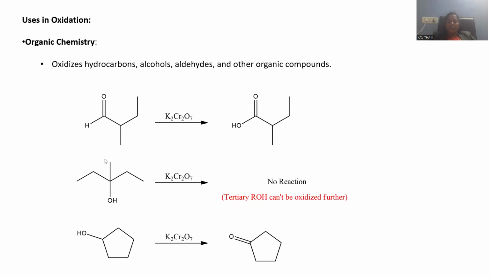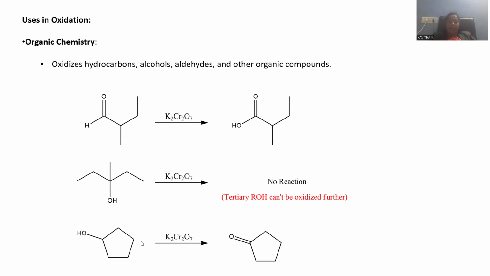But if a tertiary alcohol is taken, where the alcoholic carbon has three alkyl side chains, this kind of carbon may not go for oxidation. The reaction is completely forbidden. K2Cr2O7 may not proceed for further oxidation of tertiary alcohols. No reaction is observed. Tertiary alcohols can't be oxidized further.